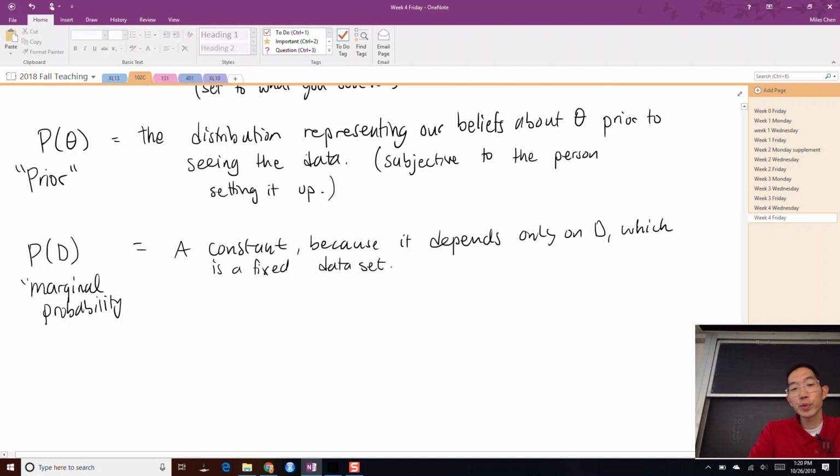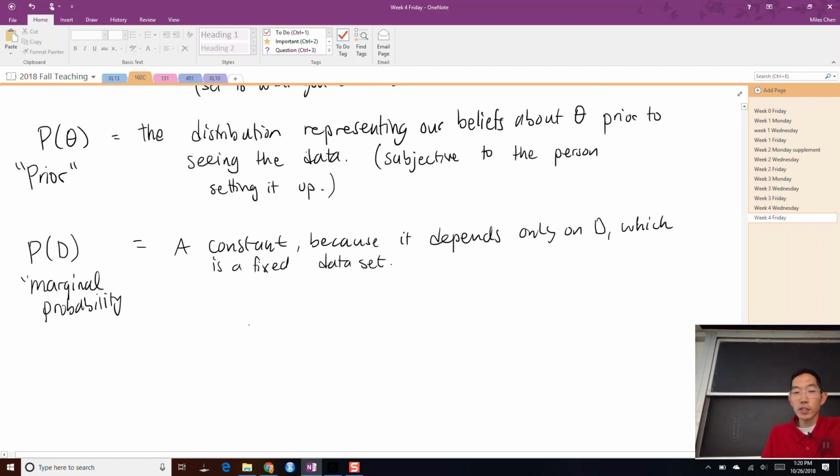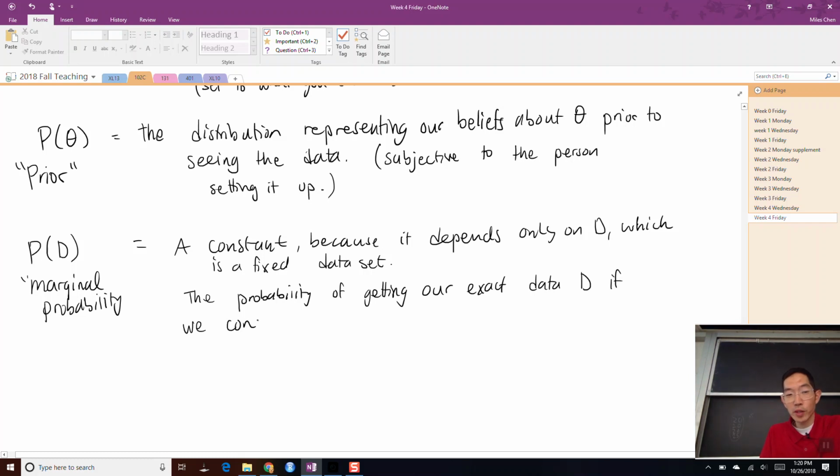And this represents the probability of getting our exact data D if we consider every possible value of theta. What is the probability that I get two heads in a row?